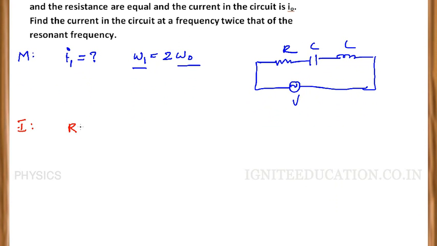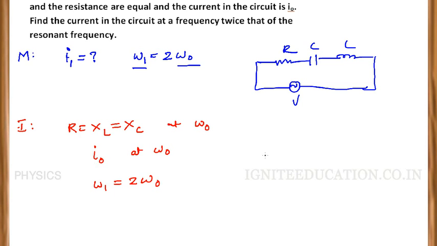R is equal to XL is equal to XC is the condition given at resonant frequency omega naught, and at that moment the current flowing in it is I naught. And one more condition, that is omega 1, the new frequency, is equal to 2 omega naught. So these three are the conditions given in the problem.